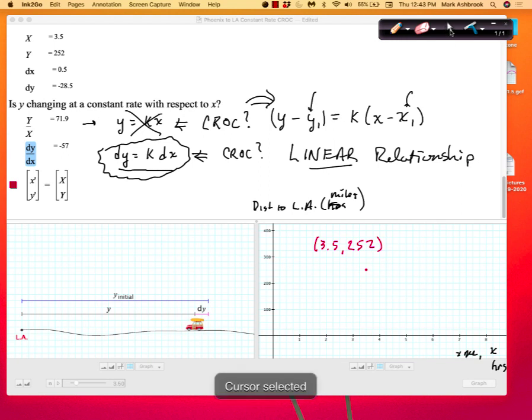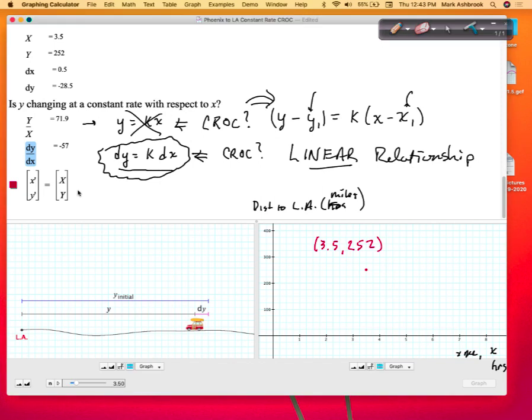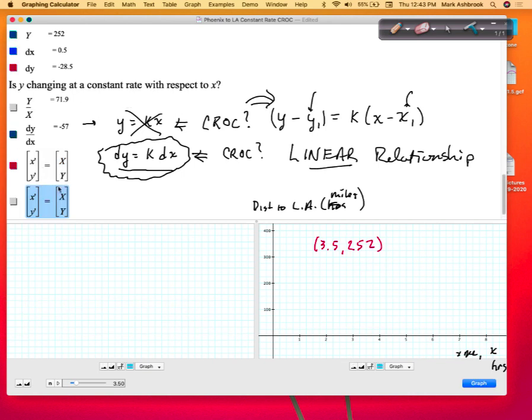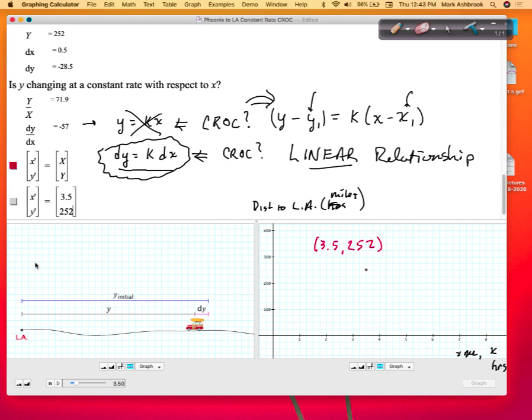I'm going to graph that point so I can use it for a different thing, so graph 3.5, 252. Then some time goes by, and it could be any amount of time. This is some later time, and now the current distance from LA.